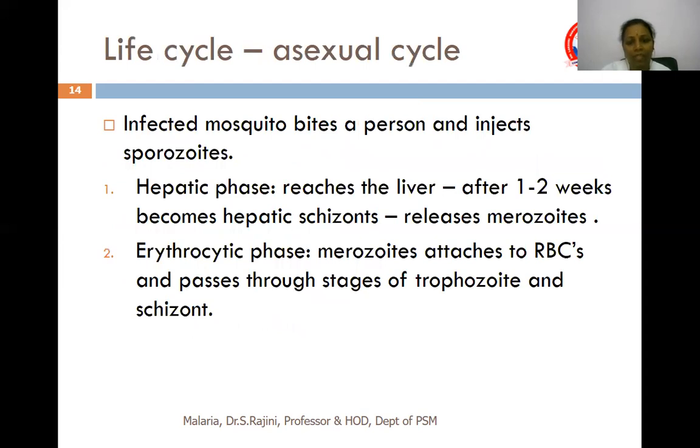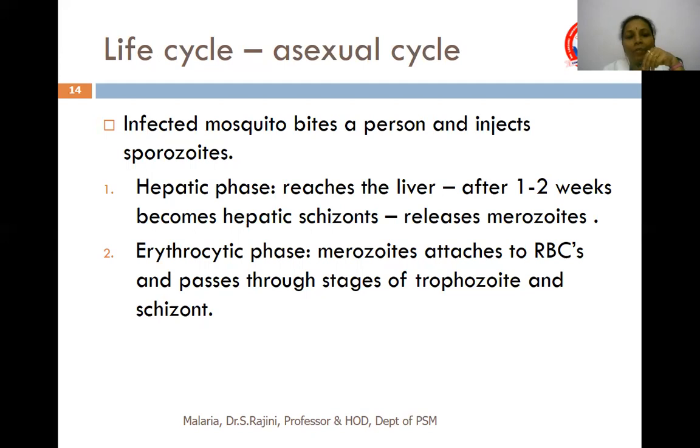So life cycle is an asexual life cycle. An infected mosquito bites a person and injects the parasite. When it is biting the person, it injects the sporozoites which are present in its mouth parts.